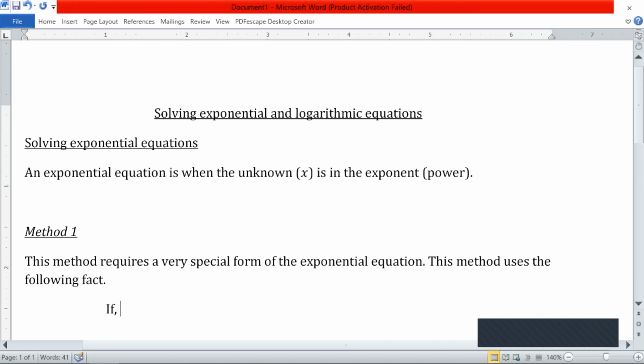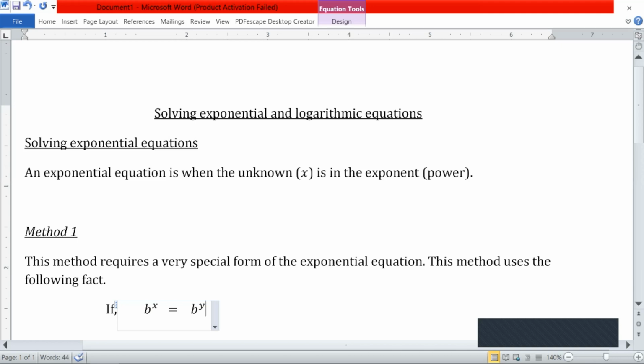If you have some base to the power of x is equal to the same base to another power, let it be y.